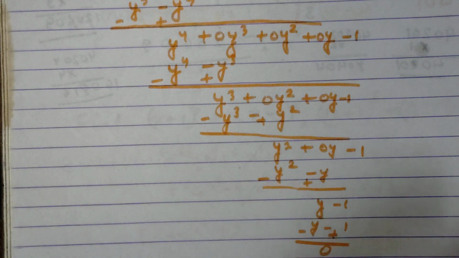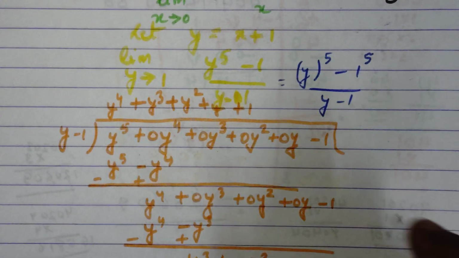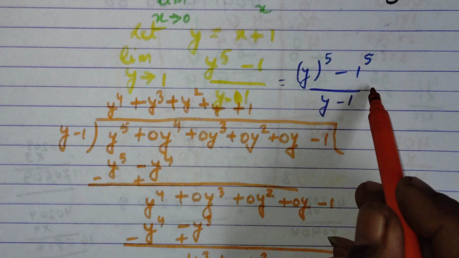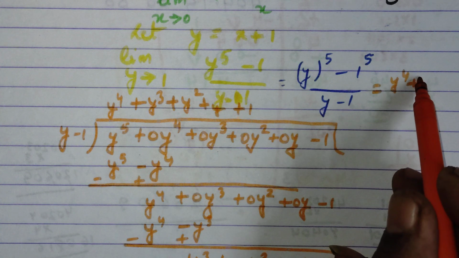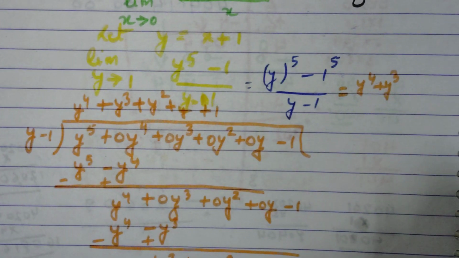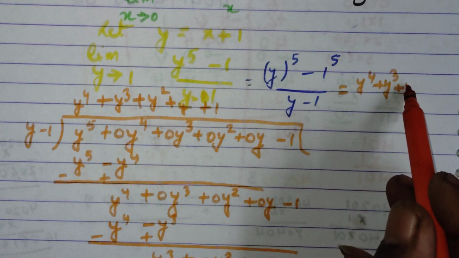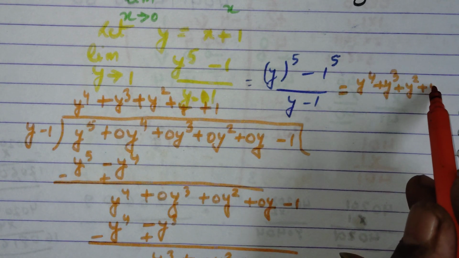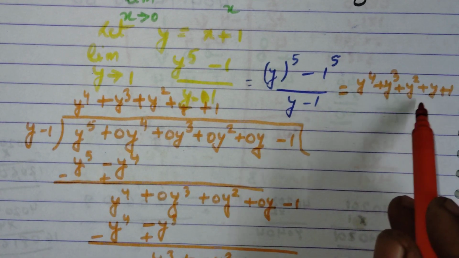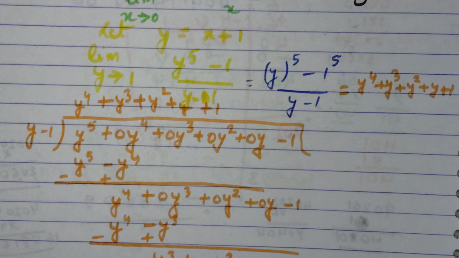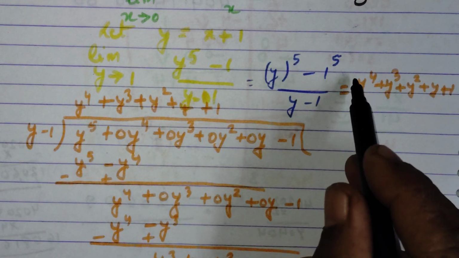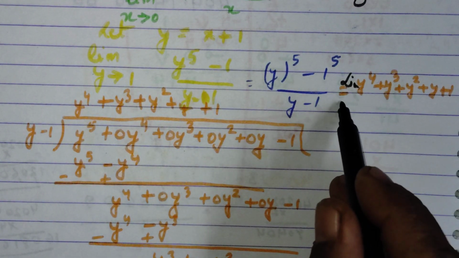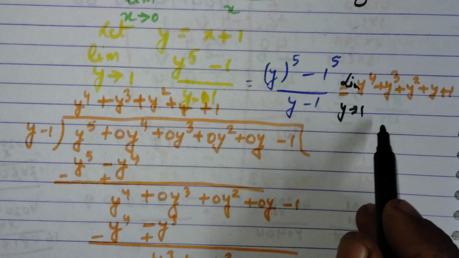So our answer of the division is y to the power 4 plus y cube plus y square plus y plus 1. In this answer, we replace y with 1, because the limit is y tends to 1.